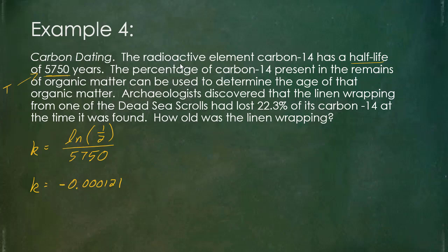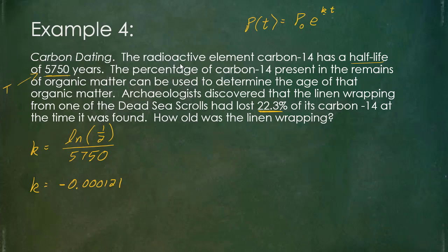So anywho, that should now allow us to set up our expression here for what we have. In this case, the question is actually saying it's lost 22.3%, but when it comes to our format, the P of t equaling our P initial, or P sub 0, times e to the kt.